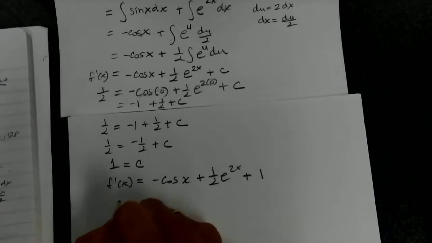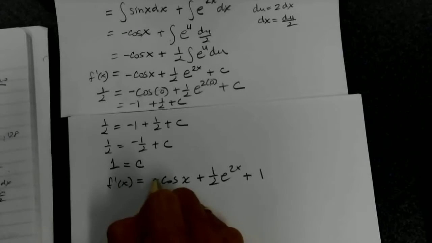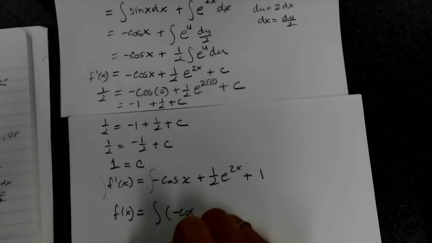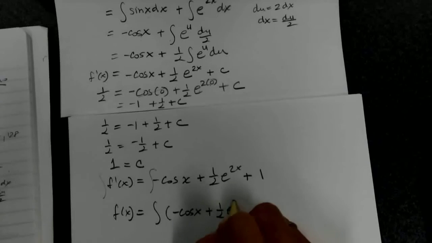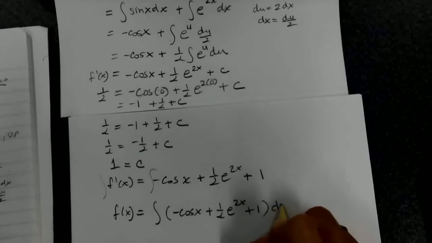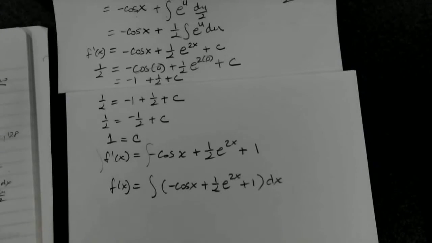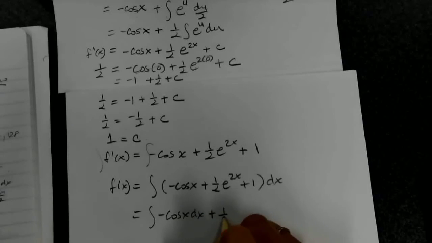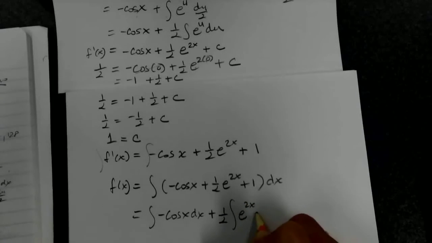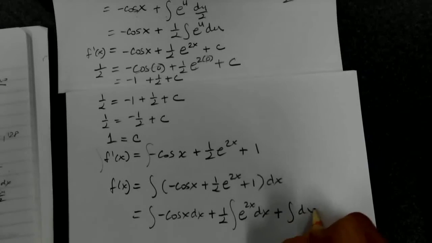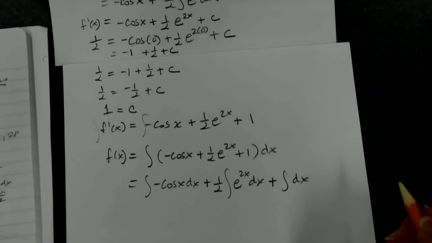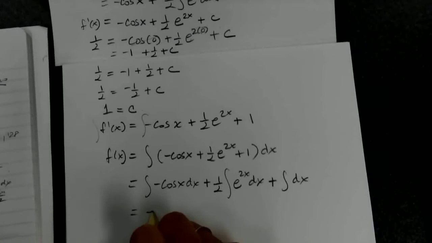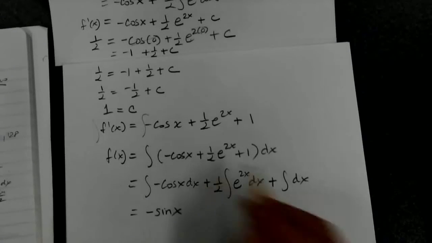Now we've got to find the original function. So we're going to integrate. So f of x is equal to the integral of negative cosine of x plus 1/2 e to the 2x plus 1 dx. And I'm going to separate it again like we did before. We're going to integrate the negative cosine of x dx plus, I'm going to pull the 1/2 out, e to the 2x dx, plus integral of dx. And the integral of negative cosine is negative sine of x, because derivative of sine is cosine.